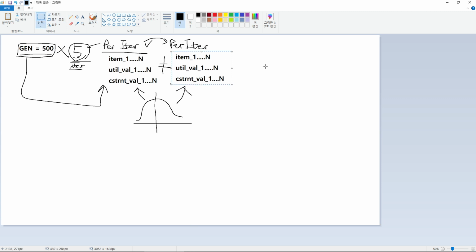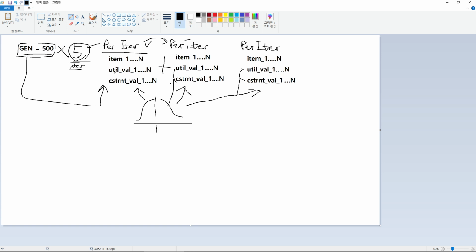Once this iteration is over, we do it another time, but again from the same distribution. So these two coming from the same distribution, these two, these two. But every iteration will be a new set of items, utility values, and constraint values from one given distribution.